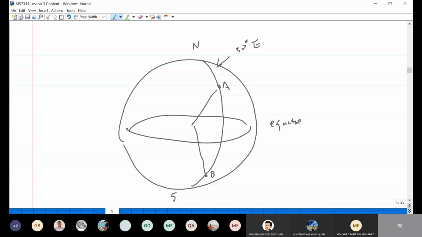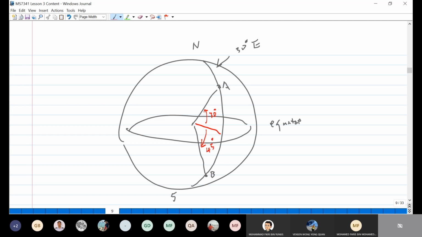How do you measure the distance between A and B? Usually, from the equator, you find out what this distance is. Let's say this angle is 30°. Instead of using nautical miles or meters, you're using angles now. Let's say this distance is 45°.